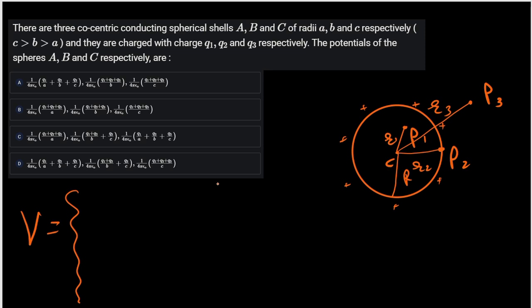Inside, the potential will be the same, and it is going to be KQ. If we have given this shell charge Q, then it is KQ divided by capital R, which is the radius of this shell. So KQ by R.